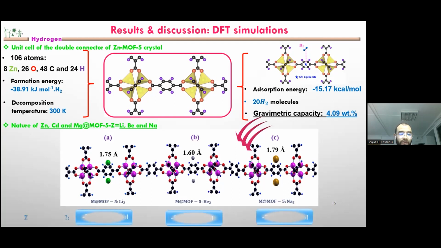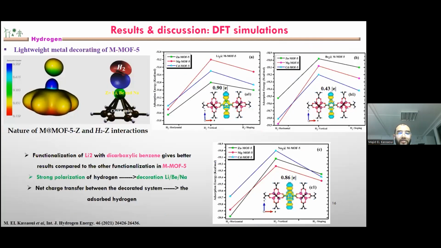And the different values of adsorption or binding energy are as follows. So, moreover, we studied the adsorption energy of single hydrogen molecules on the surface functionalized by three elements on both sides, the lithium, sodium.